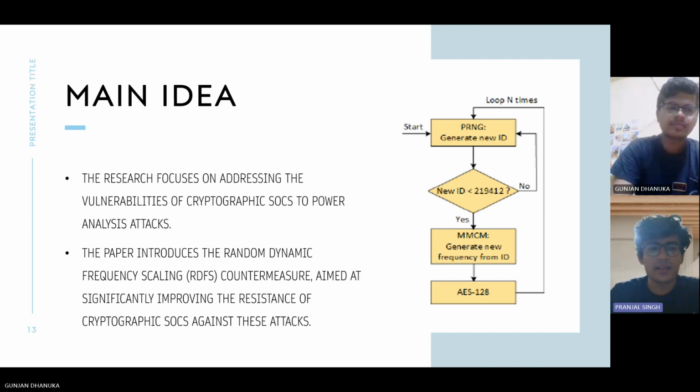It introduces a random dynamic frequency scaling countermeasure, which aims at significantly improving the resistance of cryptographic SoCs against these attacks. This method basically means that it dynamically changes the working frequencies of the cryptographic systems and tries to obfuscate the information to prevent side channel power attacks.